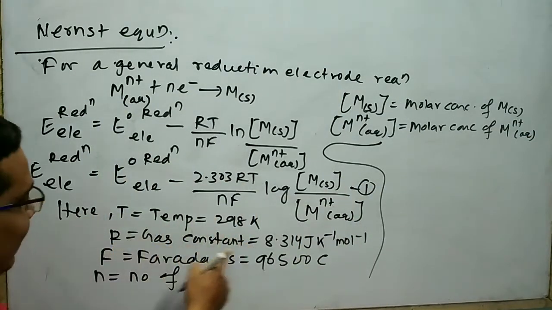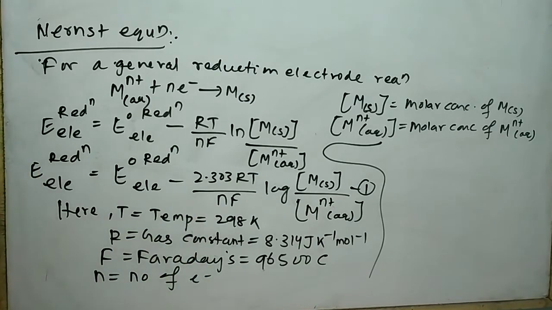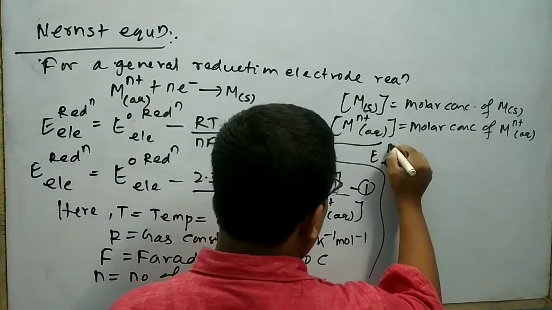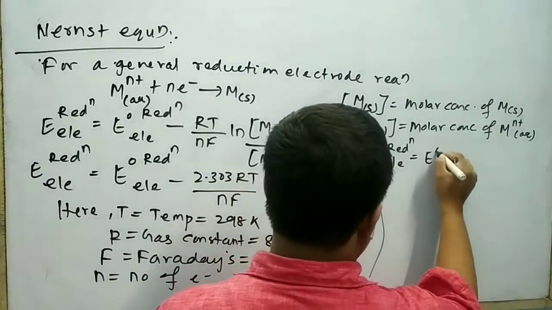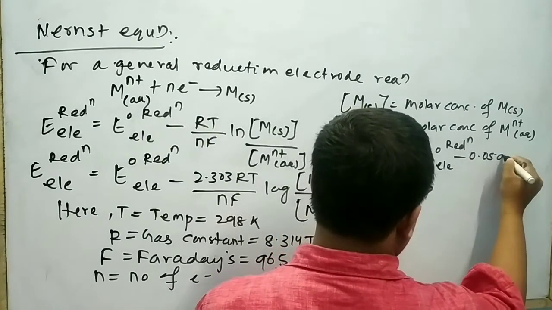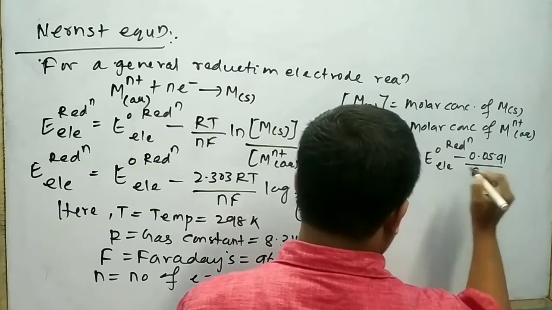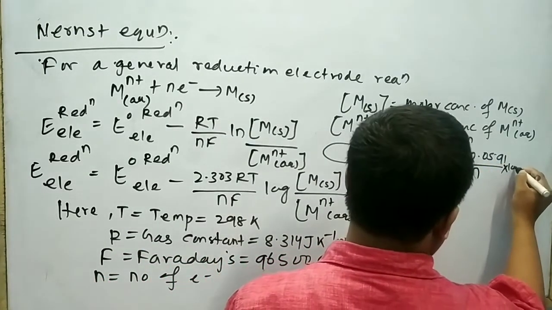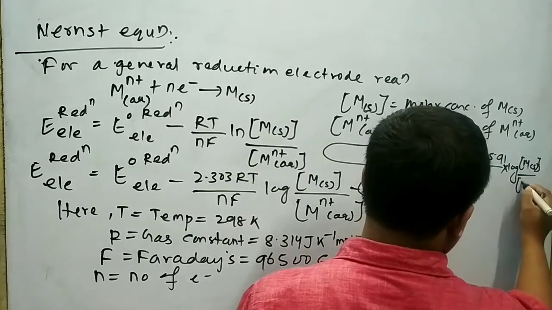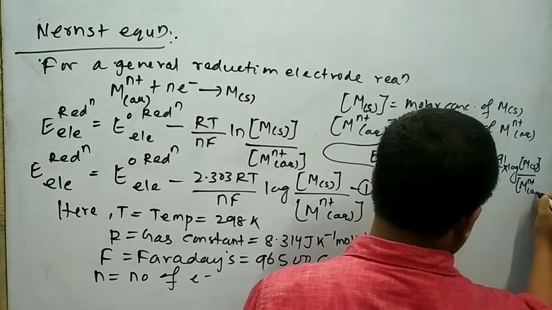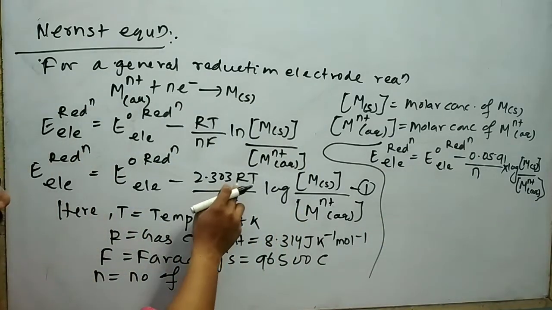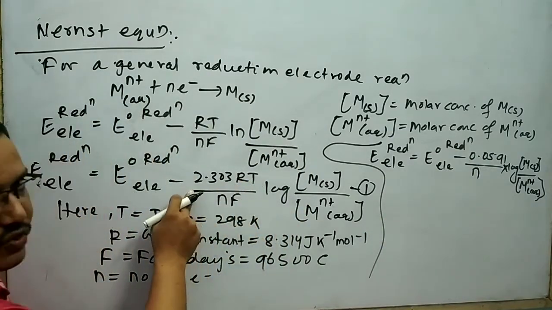Now put the values of T, R and F in this equation. Then I can write E electrode reduction equals E0 electrode reduction minus 0.0591 divided by n into log of concentration of M solid divided by concentration of M^n+ aqueous. This value is found by putting the values of T, R and F in the equation.